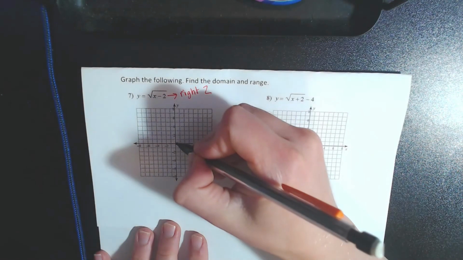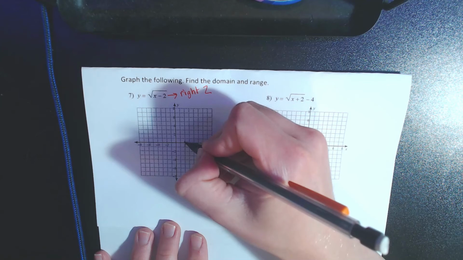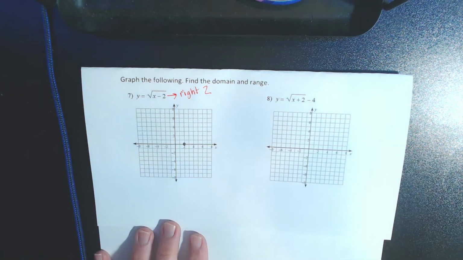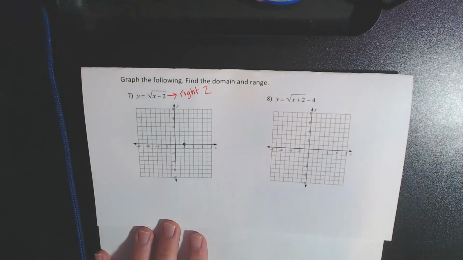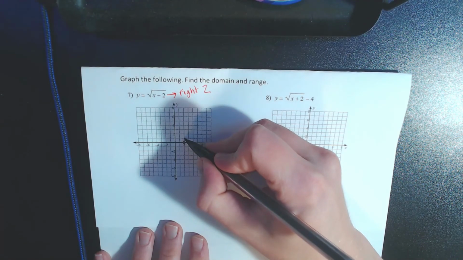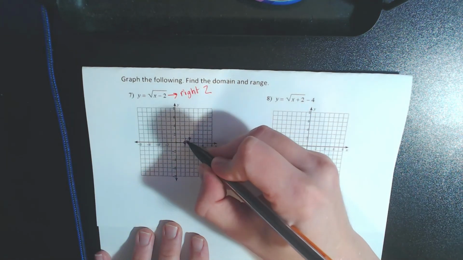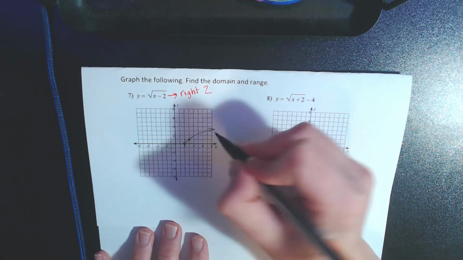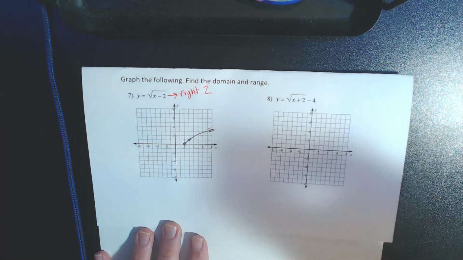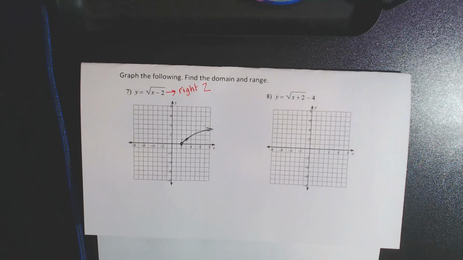We just go right 2. That's our corner point, and then it's a sideways parabola. So up 1 over 1, and then it's going like that. Again, that's not a perfect graph, but that's what's happening there.